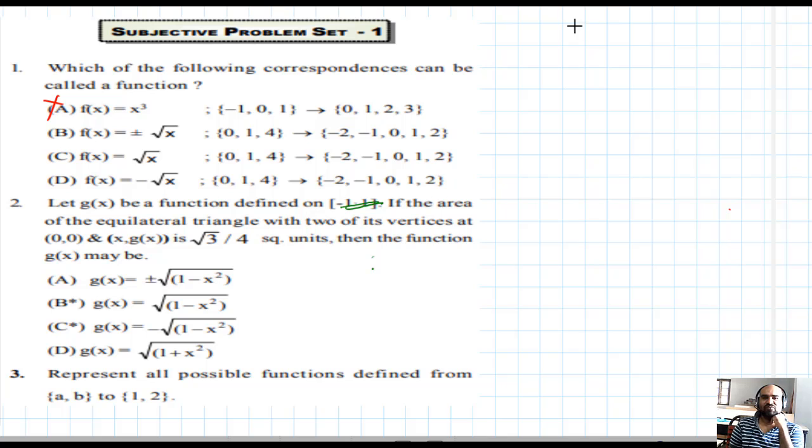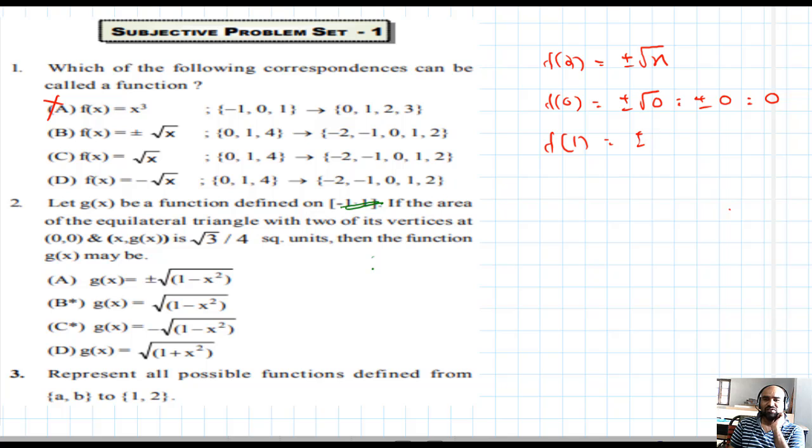Next, students, the next one, f of x is given as plus or minus root x, either plus root x or minus root x, both should be taken. First of all I want to find the image of 0. f of 0 equals plus or minus root 0, that is 0 only, no plus or minus. f of 1 equals plus or minus root 1, and root 1 means 1 only, so here plus or minus given, that's why I can say minus 1, plus 1.